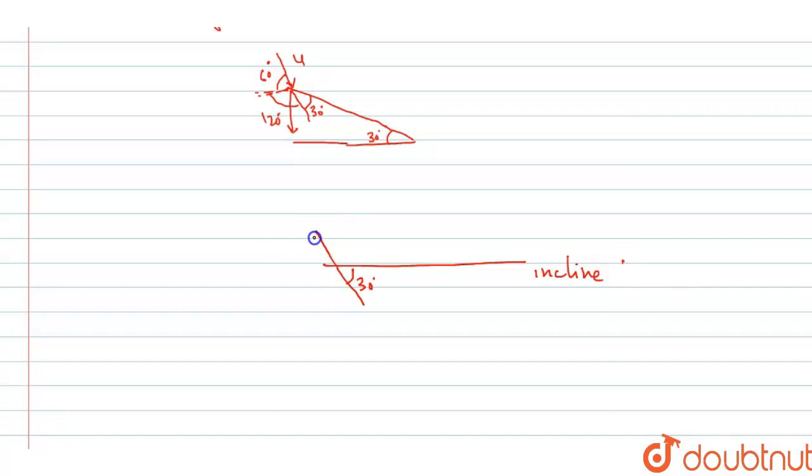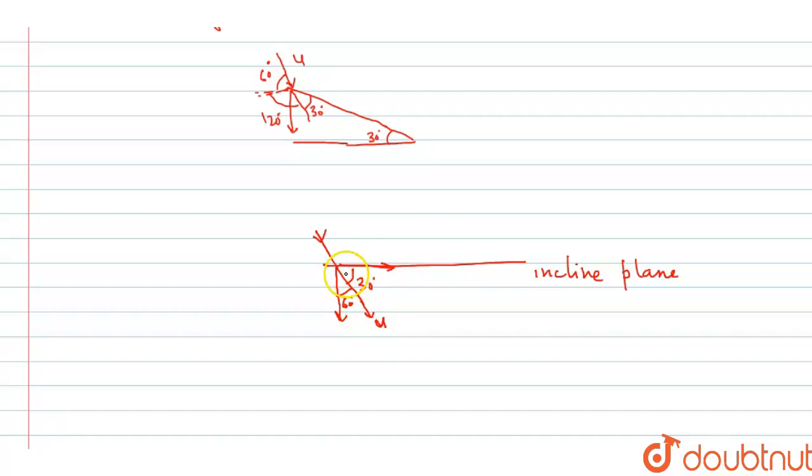Now it's easy to draw the velocity along and perpendicular to the incline. There will be a component that is perpendicular to the incline, and a component that is along the incline. This angle will be 60, and this is our direction of velocity.